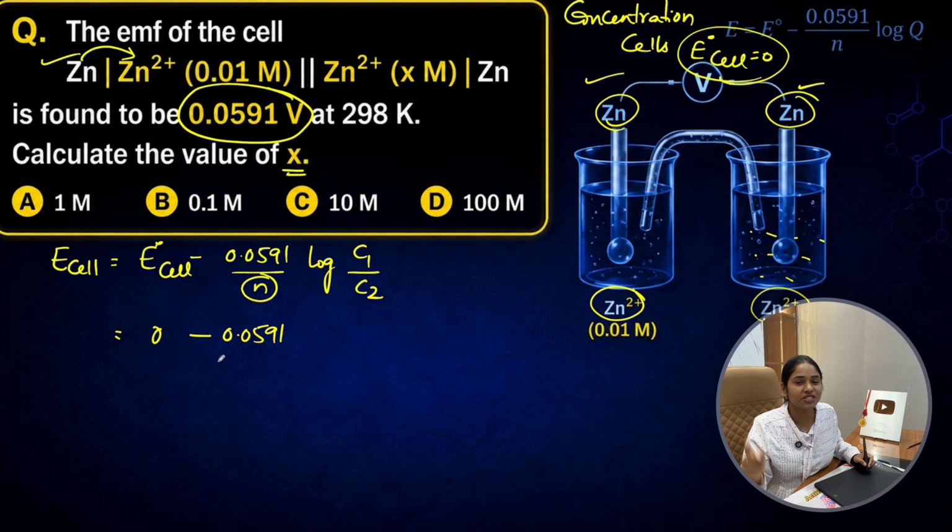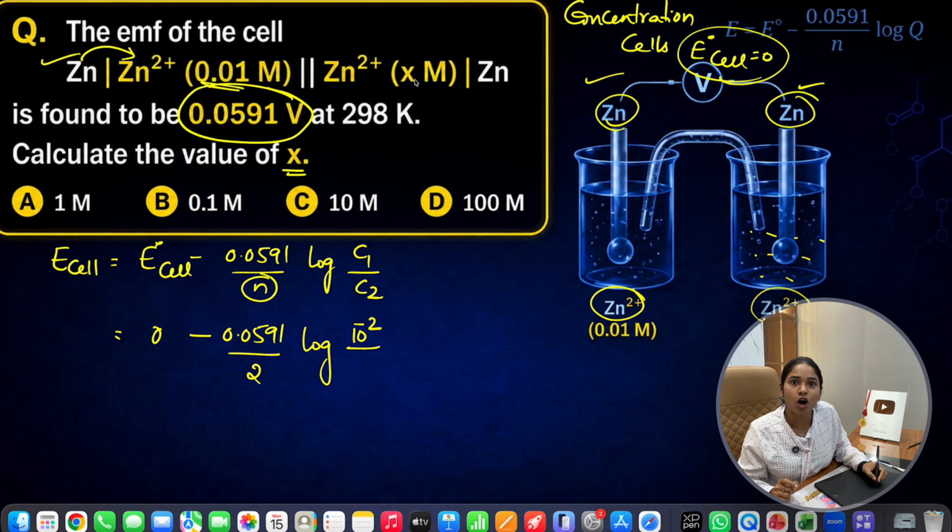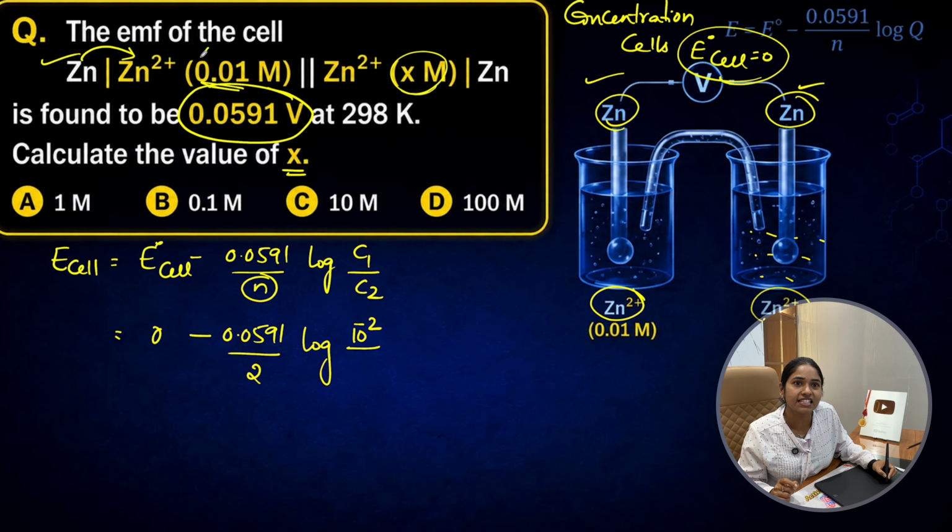Zn is converting into Zn2+, so 2 electrons change here. You can put it as log of C1, the anode concentration, that is 0.01. We can write it as 10 power of minus 2, divided by C2, the concentration of the cathode. See, this is the anode part, this is the salt bridge, this is the cathode, that is X. Then it is E cell.